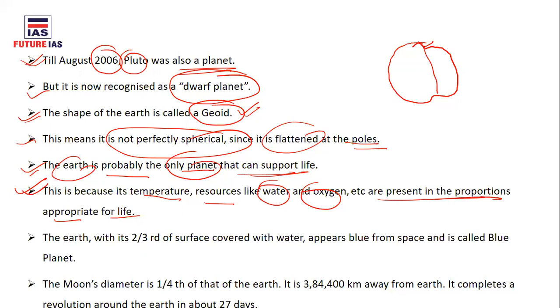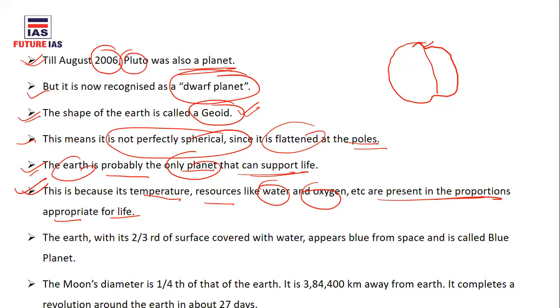This water and oxygen, along with the optimum temperature and pressure, all such life-supporting constituents are only present on the earth. So that is why the earth supports life.